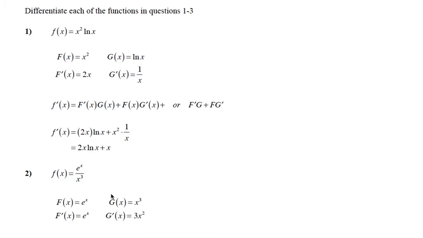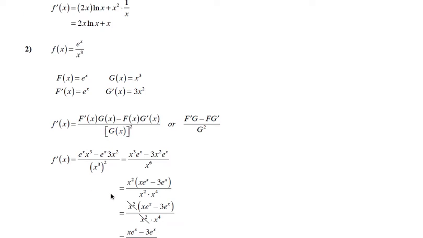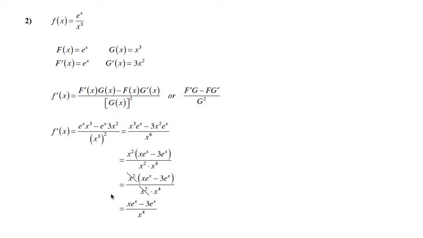Now the second question is going to require the use of the quotient rule, and we do a similar thing that we did in the last question, and that is identify the numerator, the function in the top, as f. That's our f of x, and we identify the function in the denominator, in the bottom, as our g of x.